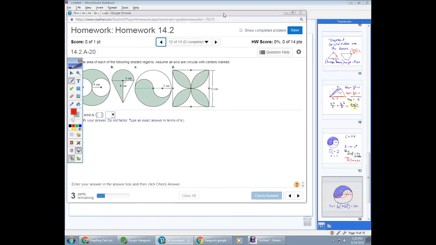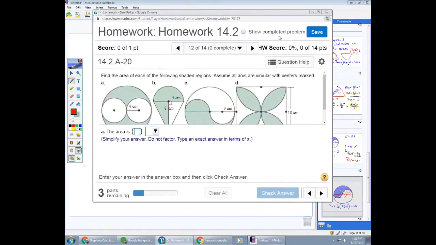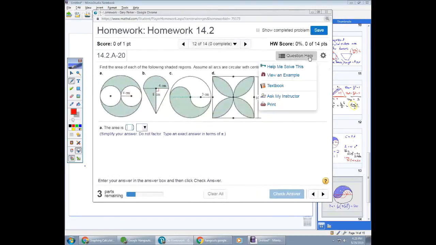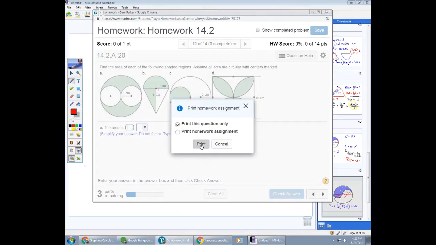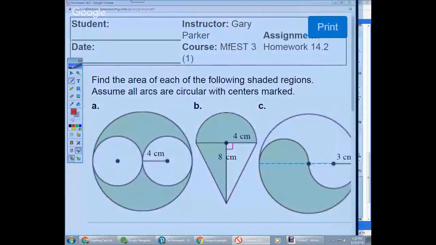Okay. Let's see if I can blow this up. If I go to the print version, I think it'll be the same pictures, maybe different numbers. That's a little better.